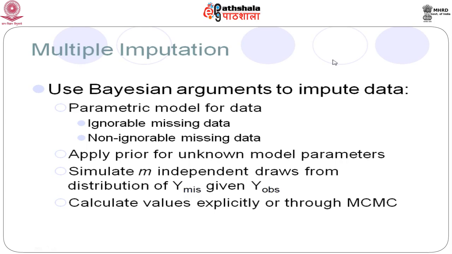So, the prior for parameters in the model needs to be taken into account, and then we simulate M independent draws from the distribution of y missing given y observed. That means, based on the observed values, we generate M blocks of predicted values of y missing, and then we calculate the missing values explicitly through the MCMC technique, the Markov chain Monte Carlo technique. Let us discuss this technique.